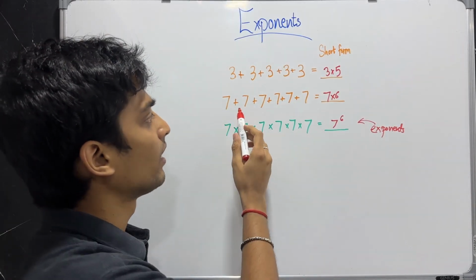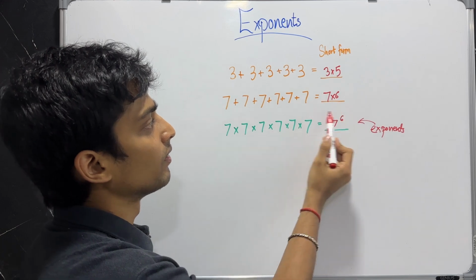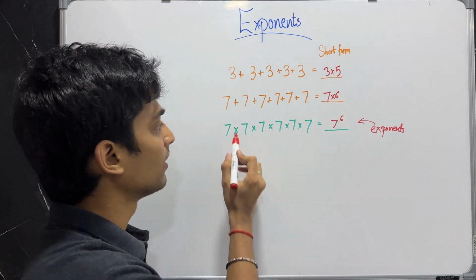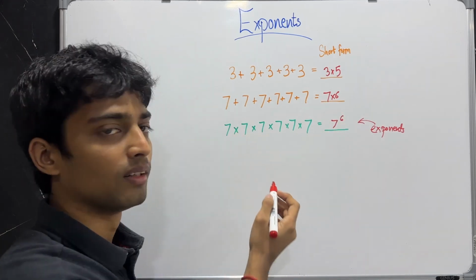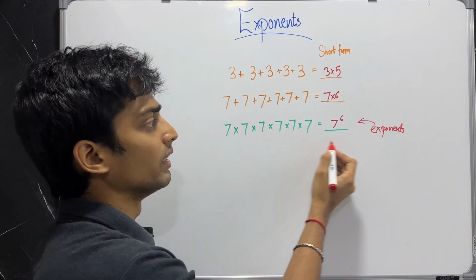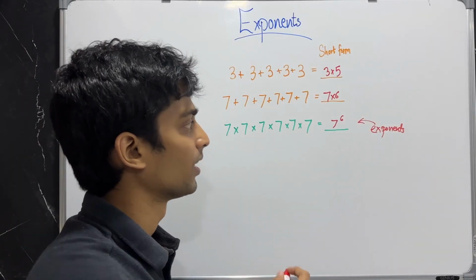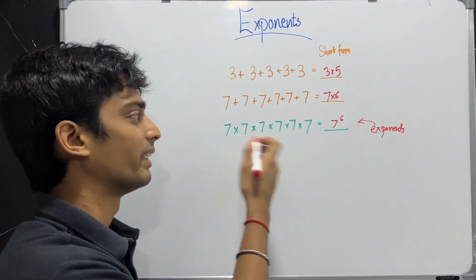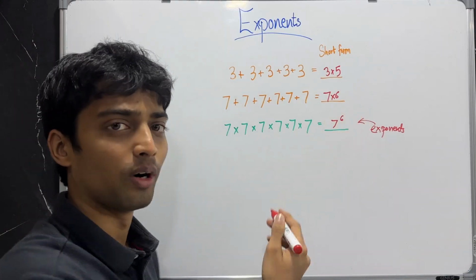When the numbers are added together by itself, that time we use multiplication, but when the same number is multiplied by itself, it is called exponents. When the same number is multiplied by itself n number of times, it is called exponents.